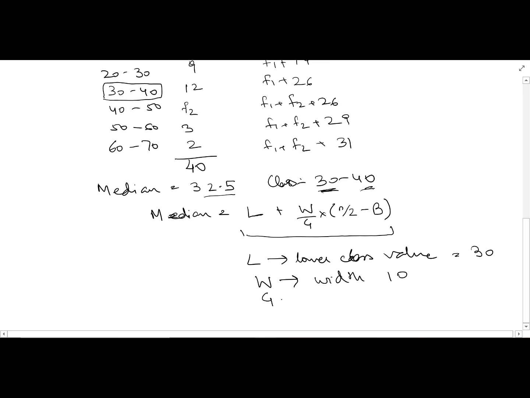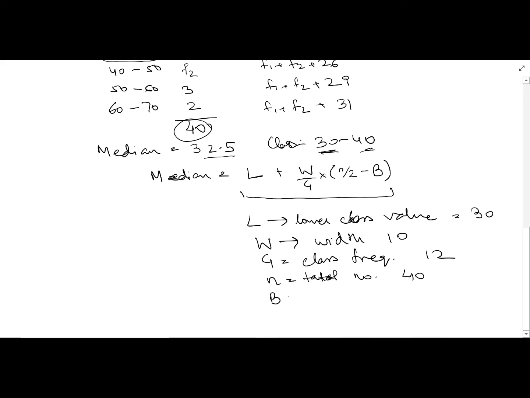Then G is equal to the class frequency, which is 12. Then N is equal to the total number, which is 40, this total. And last, B is equal to the cumulative frequency of the previous class.